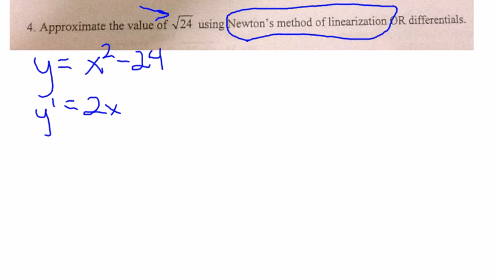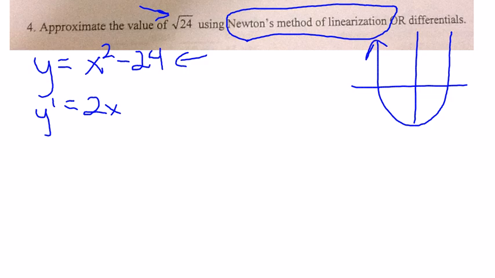Newton's method of linearization always starts with a guess. I know that x squared minus 24 is going to hit close. It's going to go like this, right? It's a parabola, and it's going to be somewhere between 4 and 5. And since root 24 is so close to root 25, I know it's actually going to be closer to the 5. So if I had, for example, 17, which is closer to 16, then I would take the 4 as my guess.